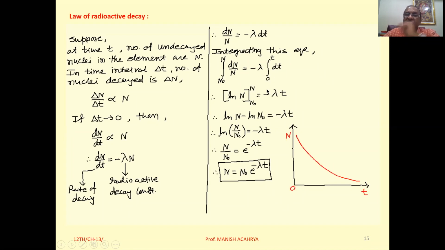Now suppose at time t equal to 0, the number of undecayed nuclei in the given specimen is N0.